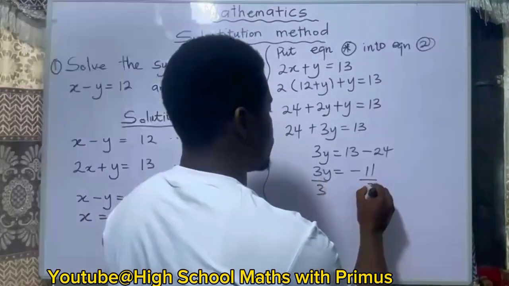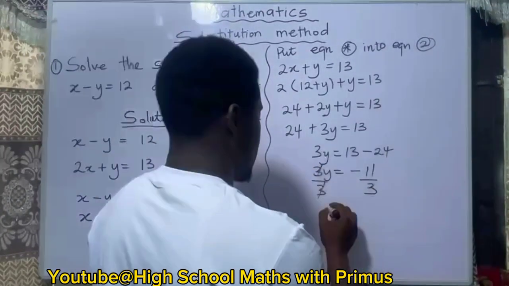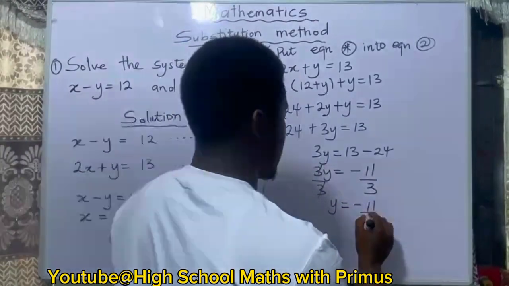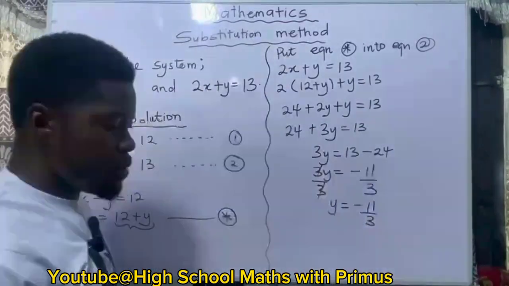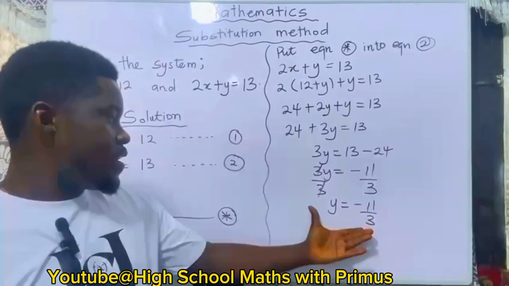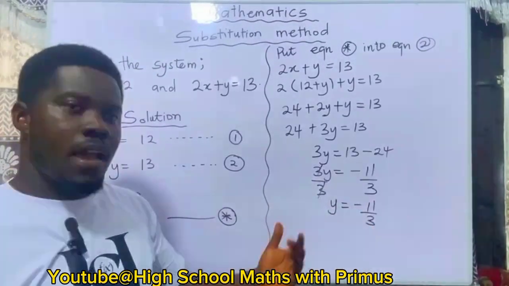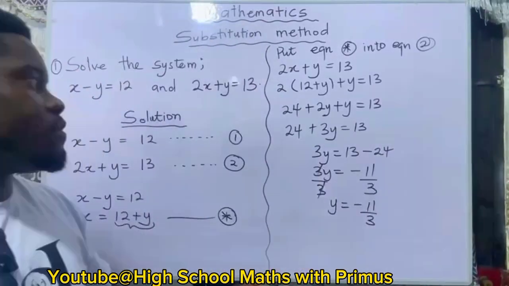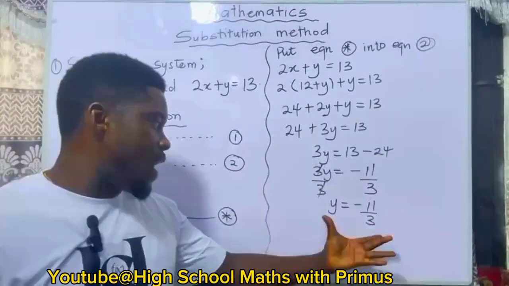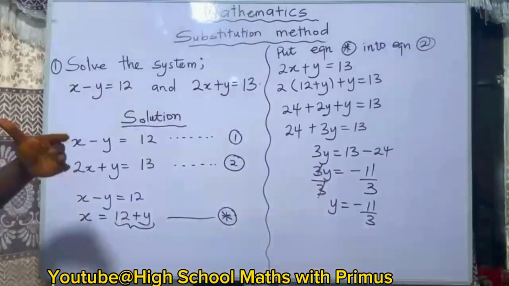And now we have y to be negative 11 over 3. Now we've been able to find the value of the remaining variable, which is y. To get the value of the eliminated variable x, we put y into equation number 1.